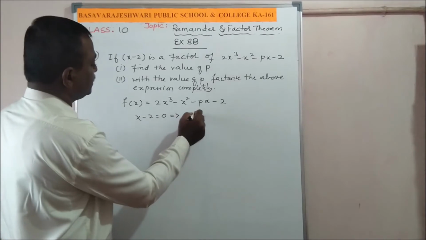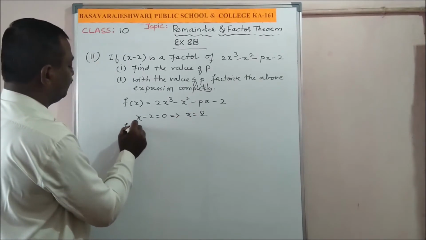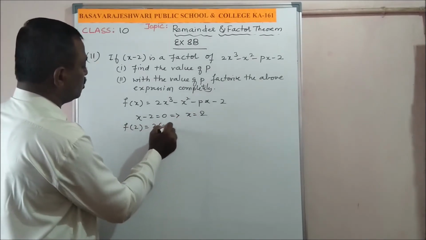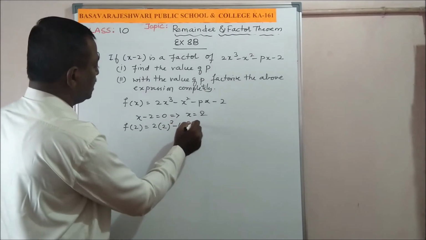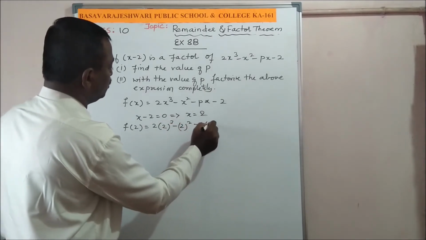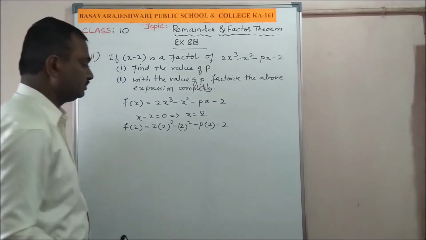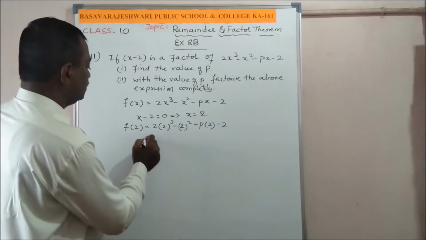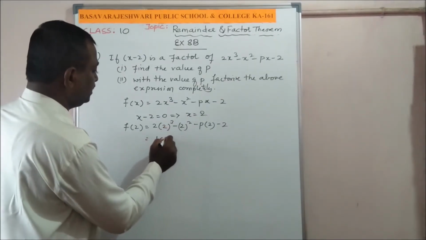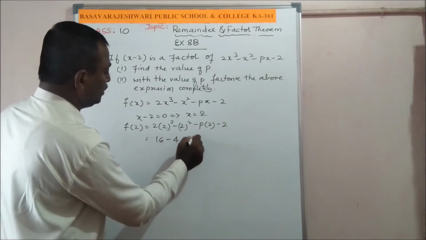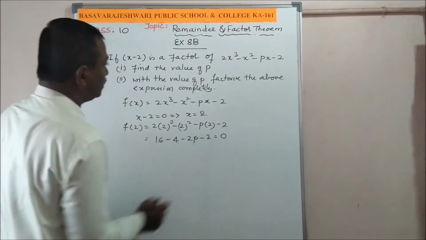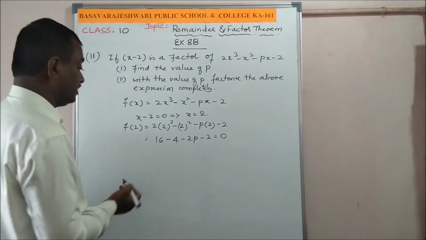This implies x is equal to 2. f of 2 is equal to 2 into 2 cube minus 2 square minus p into 2 minus 2. Correct? Now 2 cube is 8, 8 times 2 is 16, minus 4 minus 2p minus 2 is equal to 0, because they are saying it is a factor.